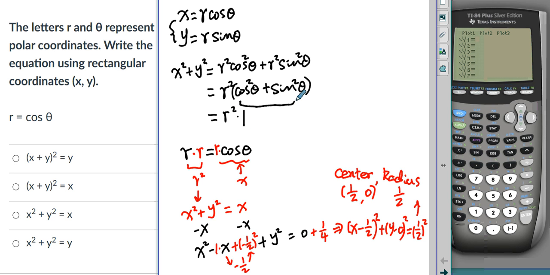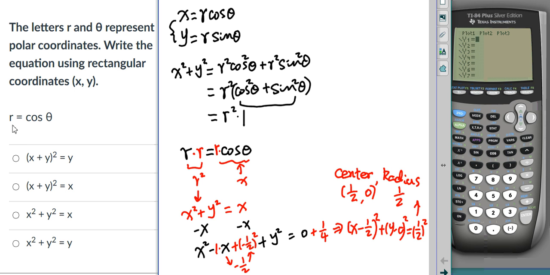That's the Pythagorean theorem. Okay, so that's why we have x squared plus y squared is r squared. We have these three identities. That's what we want to remember all the time.